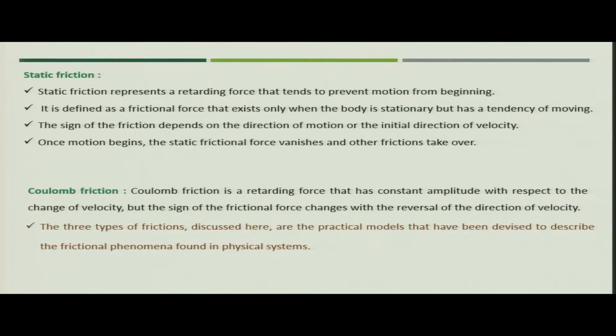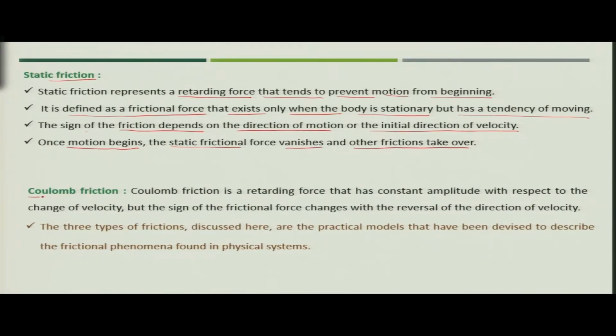Next, static friction. Static friction represents a retarding force that tends to prevent motion from beginning. It is defined as a frictional force that exists only when the body is stationary but has a tendency of moving. The sign of the friction depends on the direction of motion or the initial direction of the velocity. Once the motion begins, the static frictional force vanishes and other frictions take over.